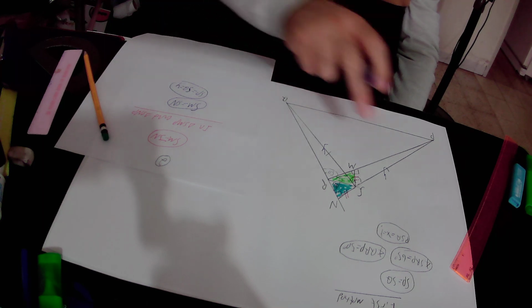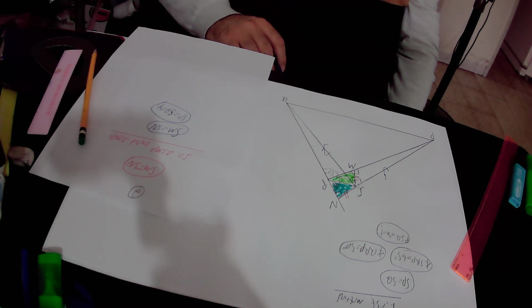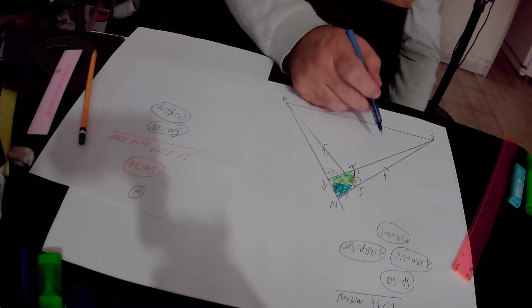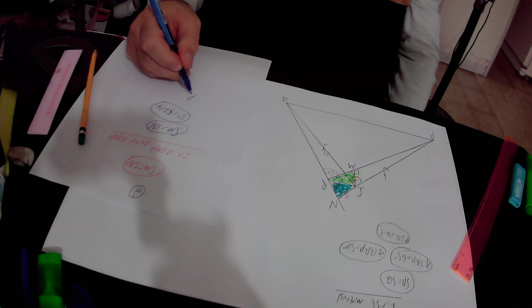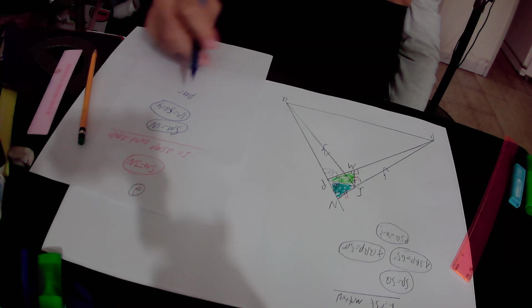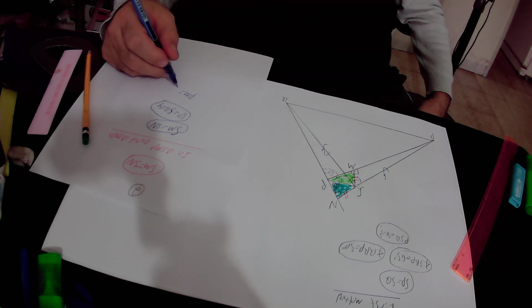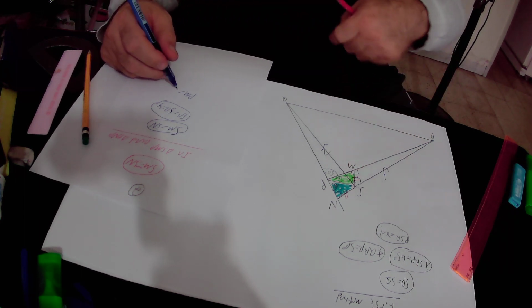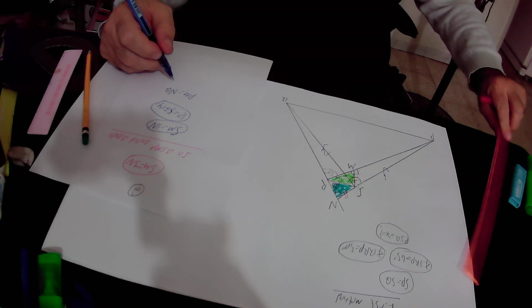And we will prove that side PM of the right triangle SMP is equal to side NQ of the right triangle SNQ. We will prove it now.